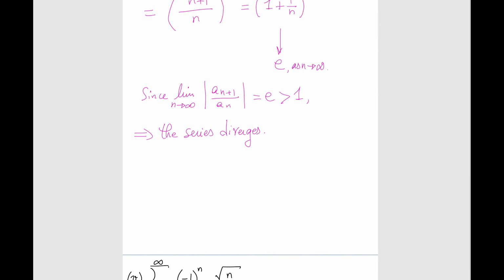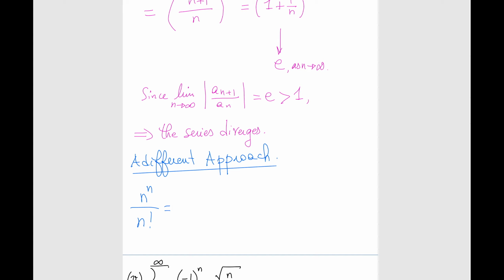So alternatively, a different method, a different approach: n^n divided by n factorial. We talked about this, I think, in the sequence section.